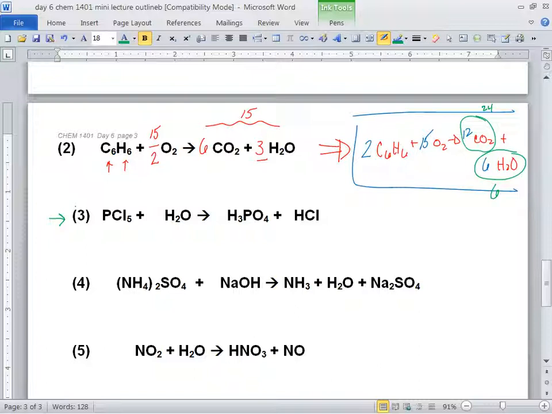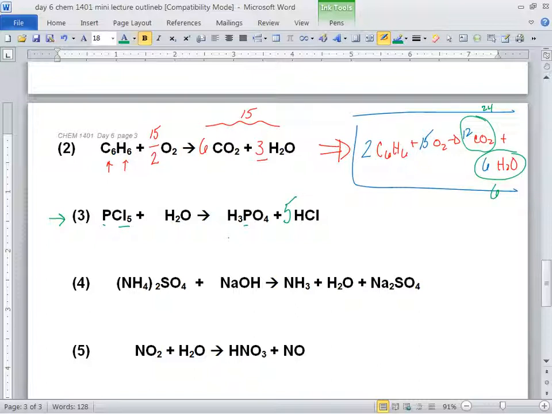So did you get number 3? In number 3, the P's are done. How about the chlorines? 5 here, so I'll put a 5 here. There's got to be more than one way to skin this cat, but 5 chlorines now on both sides. Now I might as well do the hydrogens. 5 hydrogens and 3 hydrogens.